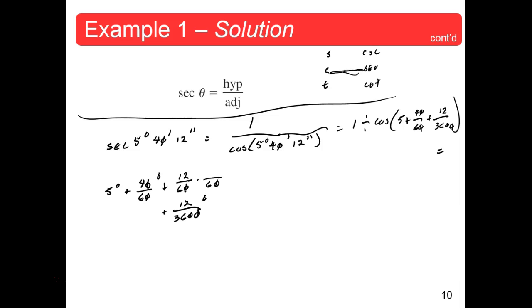What did you get? 1.0494966. I got 1.04, 494.